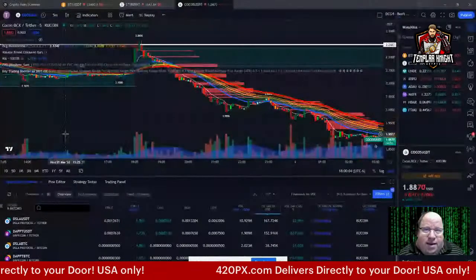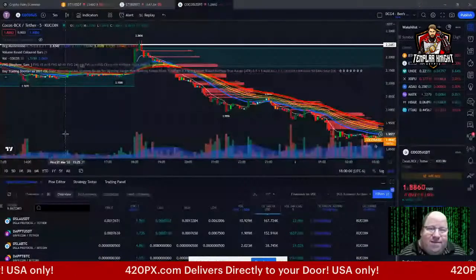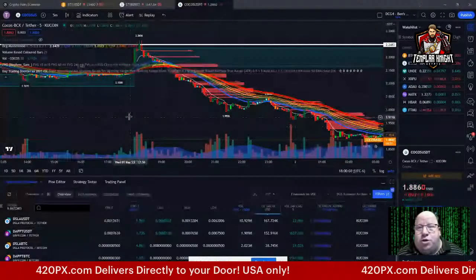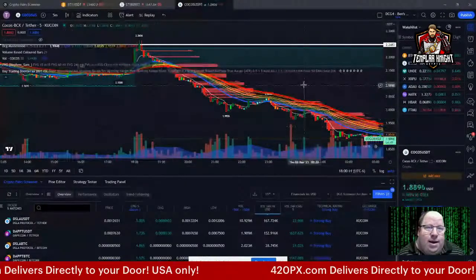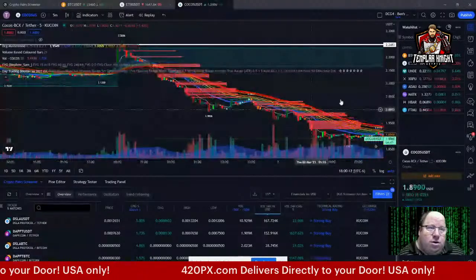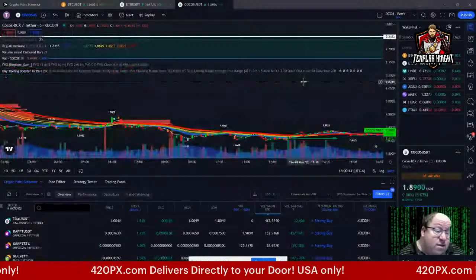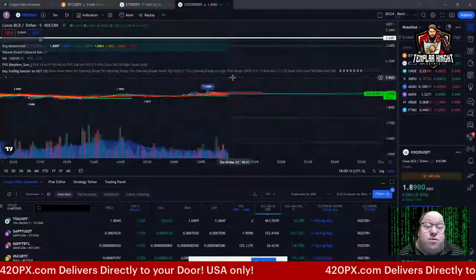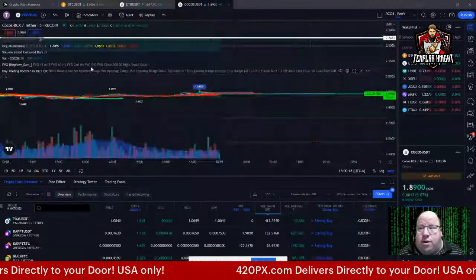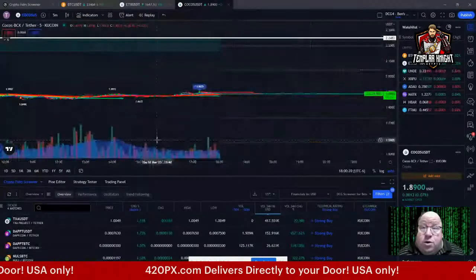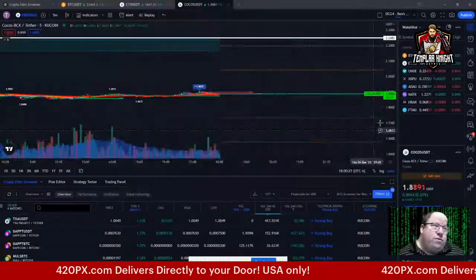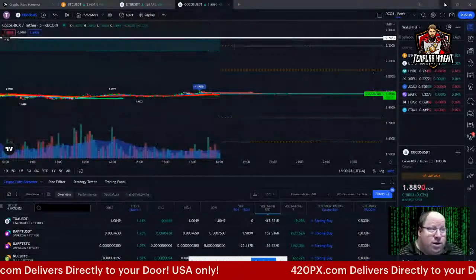All of that is data. All of that is information that helps you hopefully make a good decision on what it is that you want to do. Buy, sell, whatever the case may be. So TradingView is the big tool that I use.